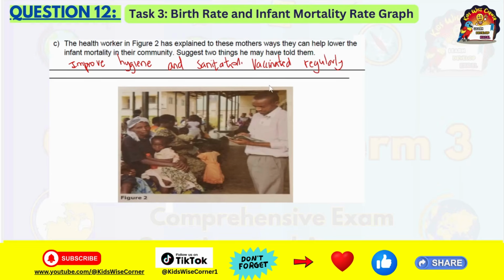He could have told them to ensure access to clean water. So these are some of the things that this health worker would have explained to mothers to help lower the infant mortality in their community.